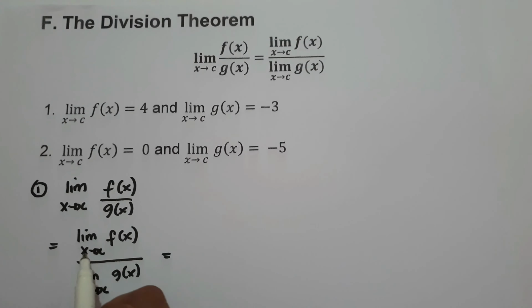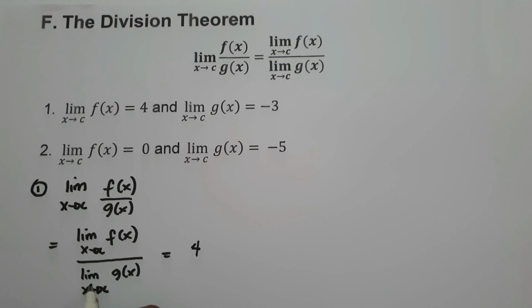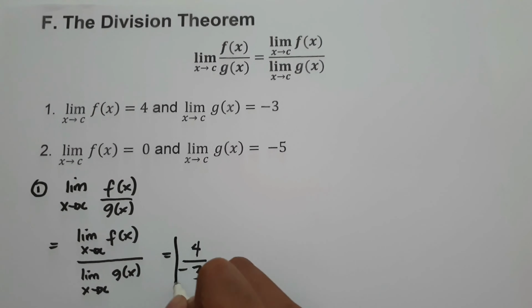So the value of the limit of f of x as x approaches c, that is 4, and the value of the limit of g of x as x approaches c, that is negative 3. So this will be our answer.